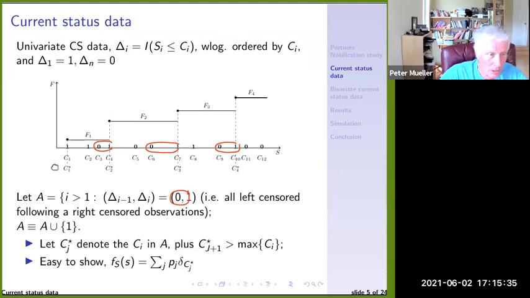The main comment here is you can easily show, if you jump to the last line on the slide, that the non-parametric MLE, meaning the probability measure that gives you the highest likelihood for such data if you don't impose any restrictions on the unknown probability measure, is a discrete distribution with atoms at the following points.